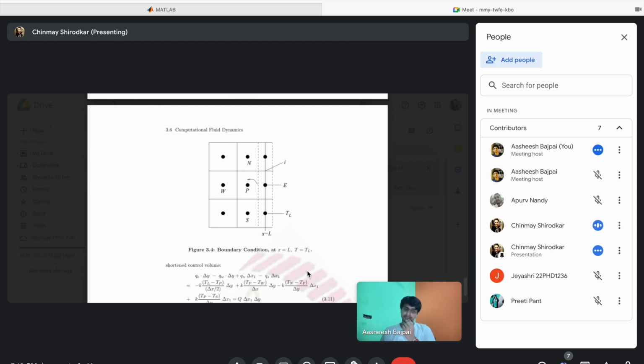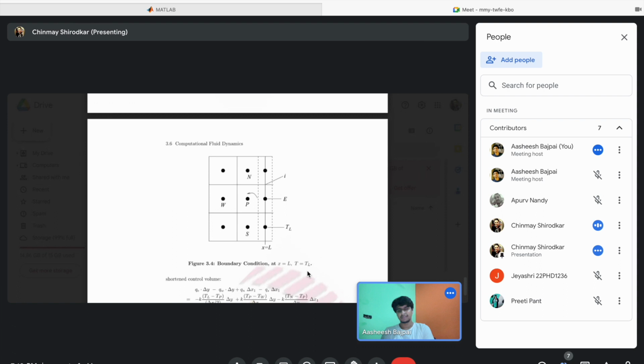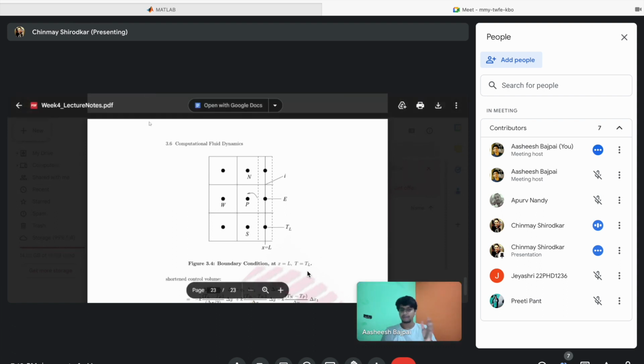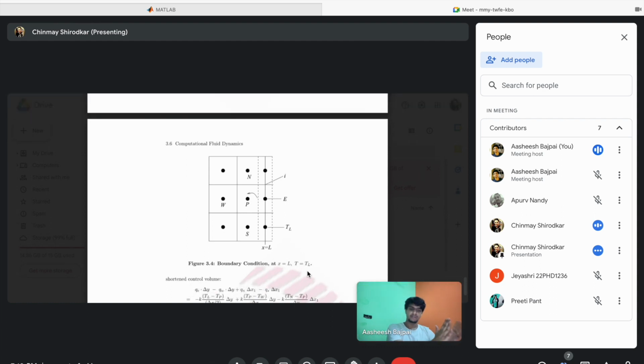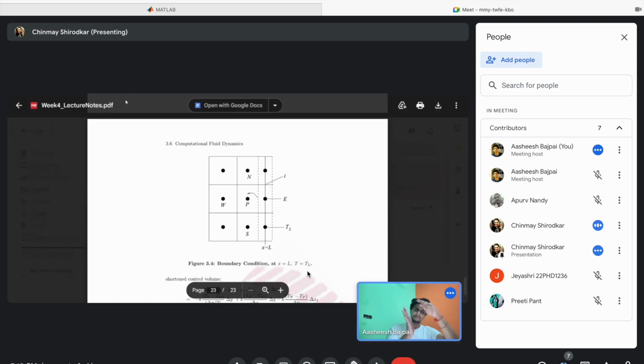The second point is correct. It's one of the many methods of treating the boundary conditions. There are methods in which we make ghost cells outside the boundary and make a curve kind of thing to balance this phi.